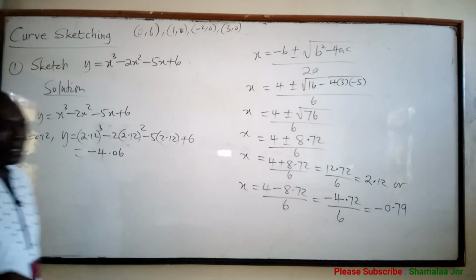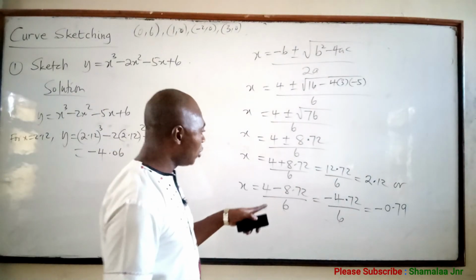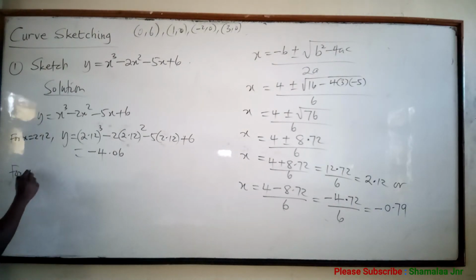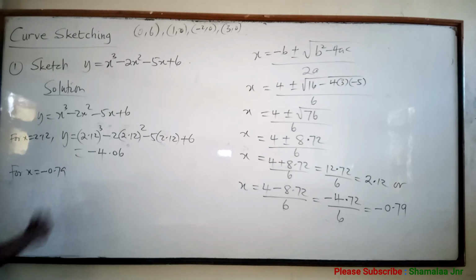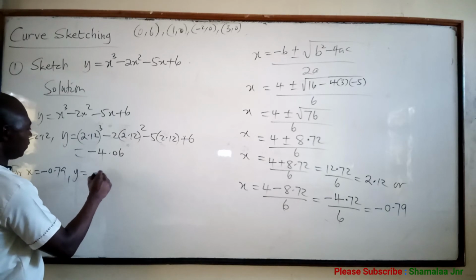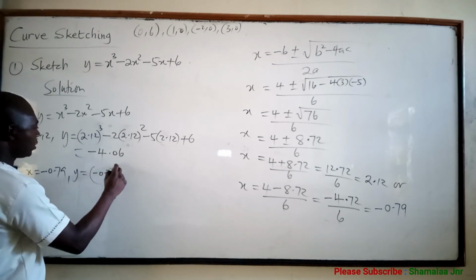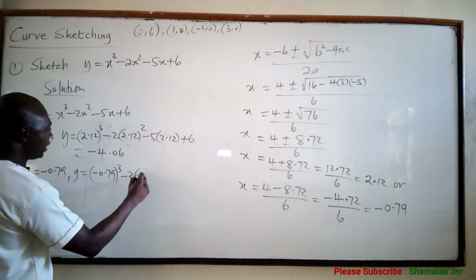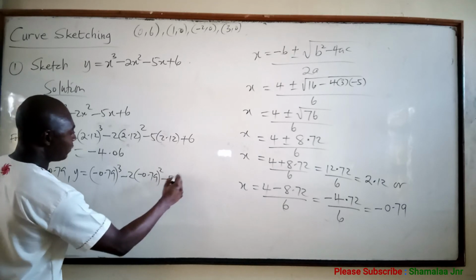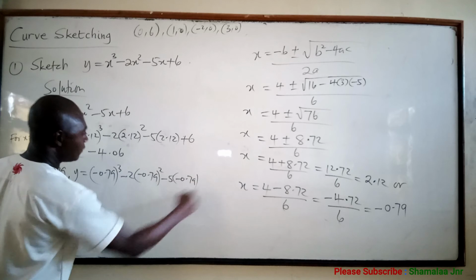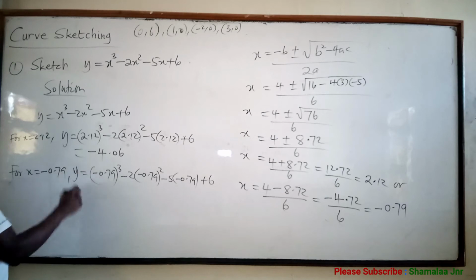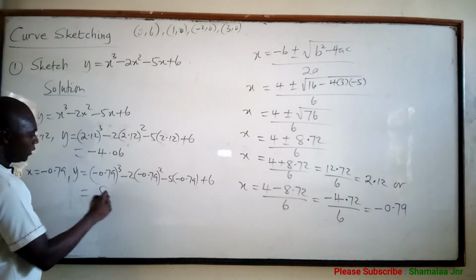Now let's look at the other one, when x is equal to negative 0.79. Then y is equal to negative 0.79 all cubed minus 2 times negative 0.79 all squared, minus 5 times negative 0.79, plus 6, and this is equal to 8.21.